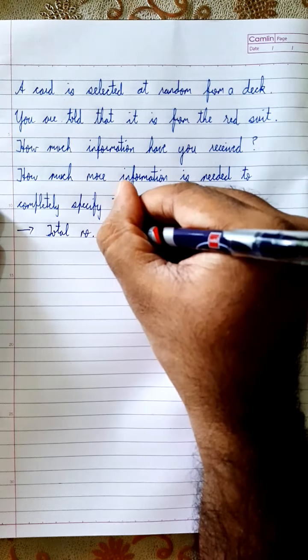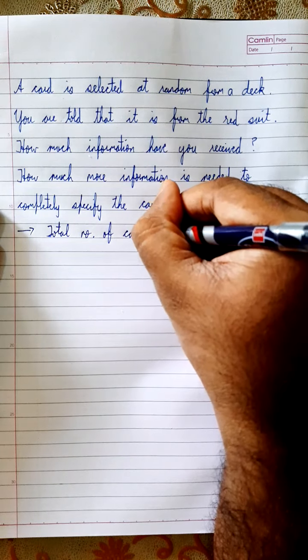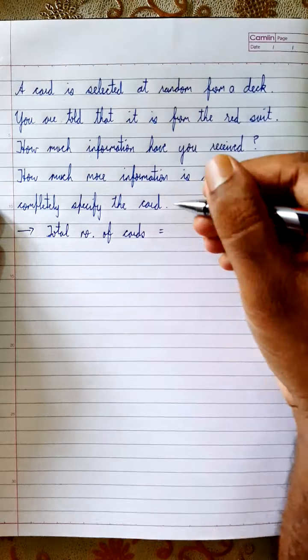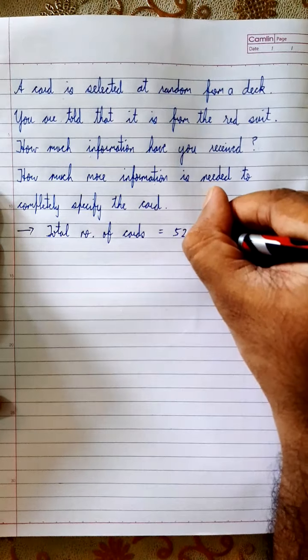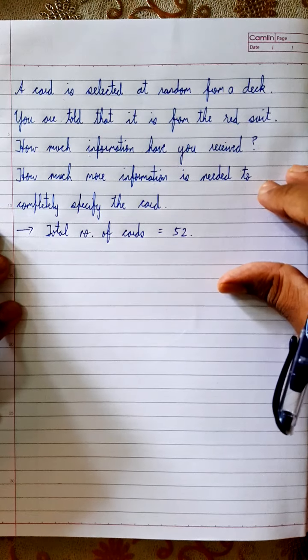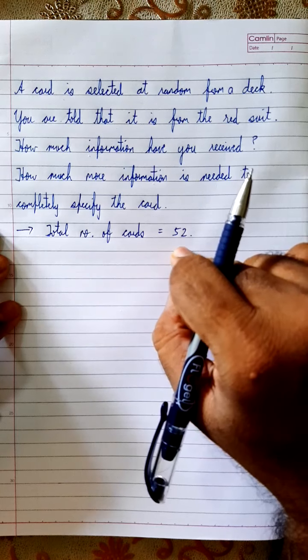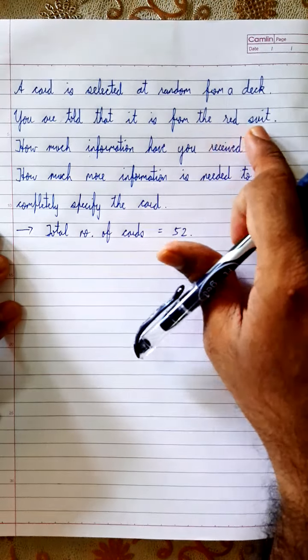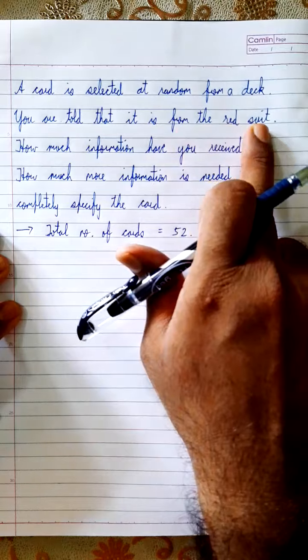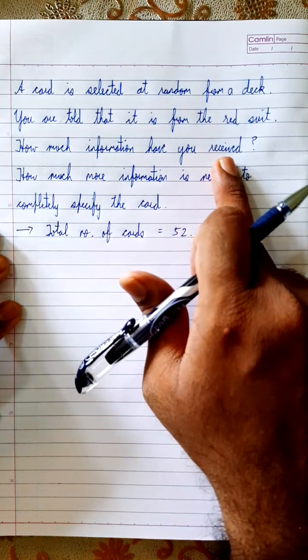Total number of cards is equal to 52. Now, you are told that it is from the red suit. How much information have you received?